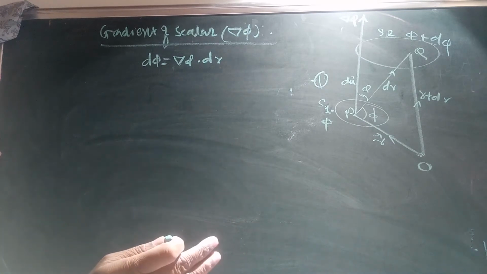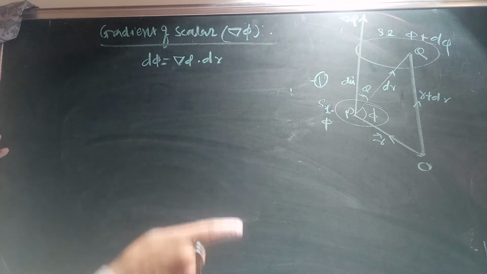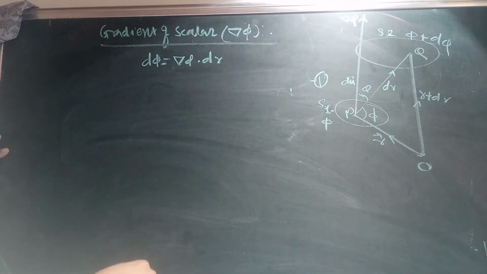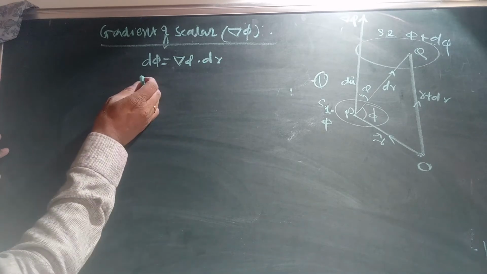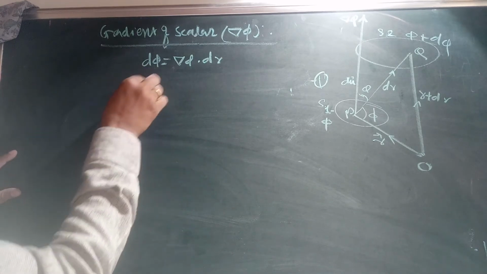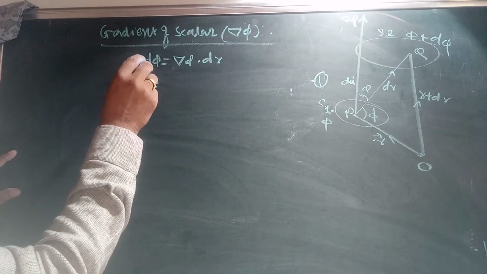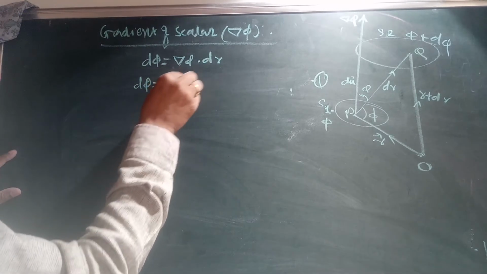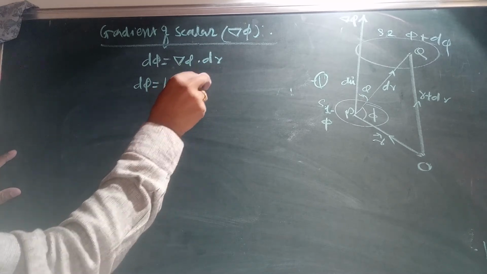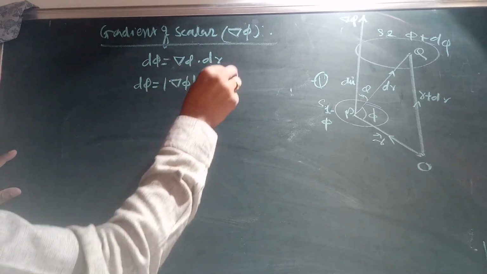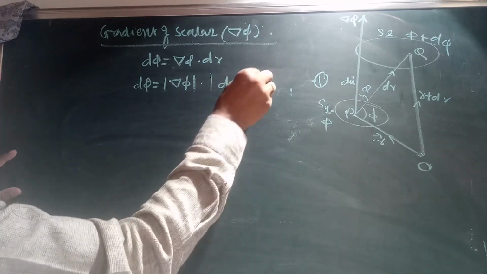The dot product of two vectors is defined as the product of the magnitudes of those vectors into the cosine of the angle between them. So I will write d phi is equal to mod of del phi into mod of dr into cosine of the angle between them.